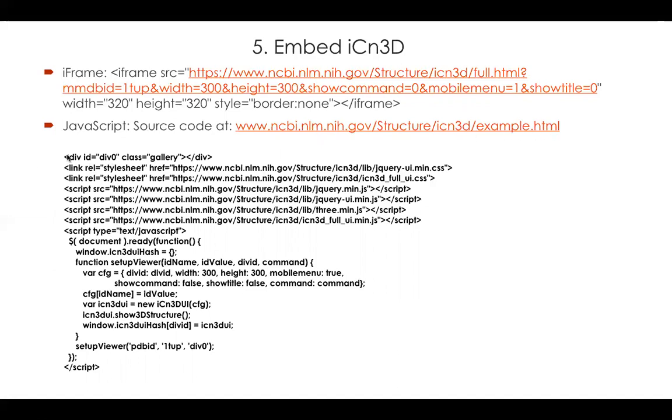Basically, you set up a div for the 3D viewer and include 2 CSS files, include 4 JavaScript files, and then set up a few parameters and initialize iCn3D, show the structure. You can embed multiple 3D viewers in one page.